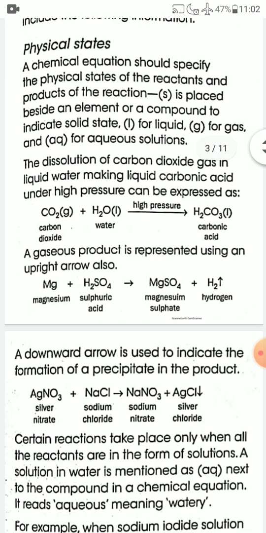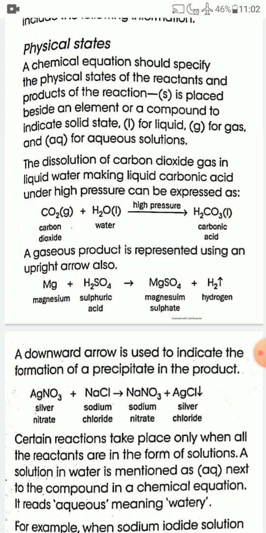So first, physical state. A chemical equation should specify the physical state of the reactants and products of the reaction.